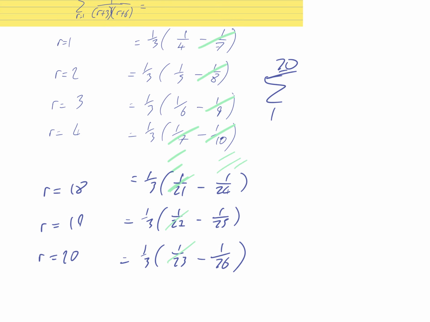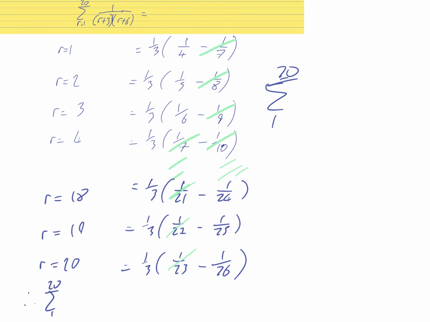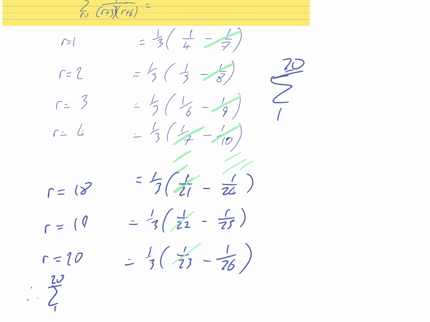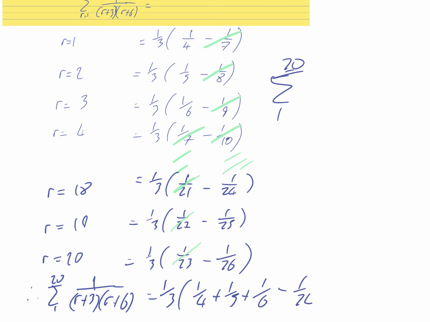So when you sum them up, the summation from 1 to 20 of 1 over (r plus 3)(r plus 6) is just going to be equal to 1/3 times, we still have a quarter, it hasn't cancelled out, same with a fifth, same with a sixth, and then minus 1 over 24, minus 1 over 25, minus 1 over 26.